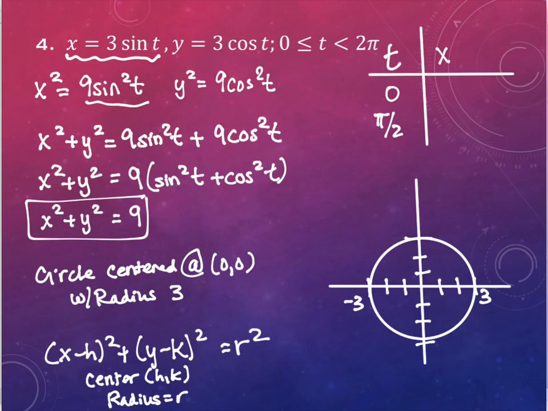And I need to know what my x and what my y are. If I put 0 back into the original equation, I would have sine of 0. What is the sine of 0? It is 0, yes. And if I put 0 into the y value, which is 3 cosine of t, what is the cosine value at 0?